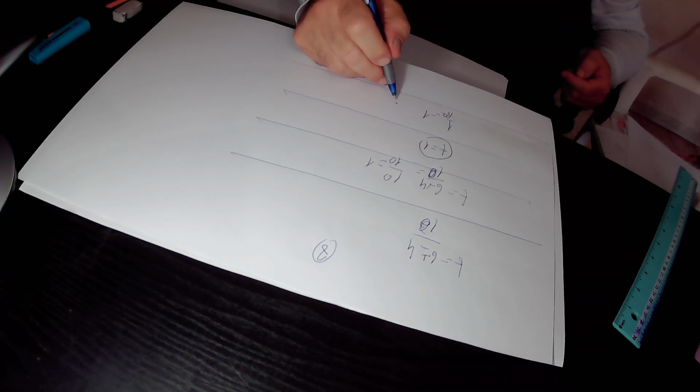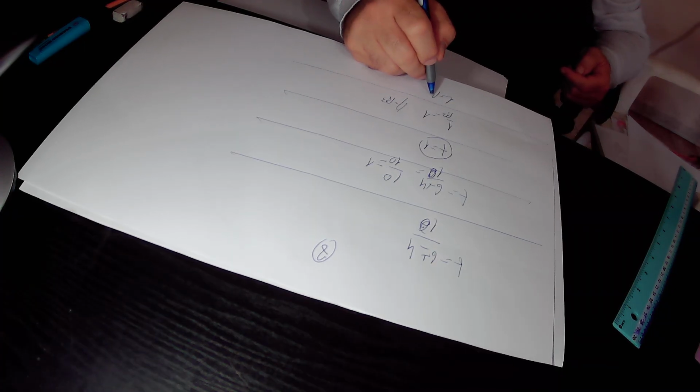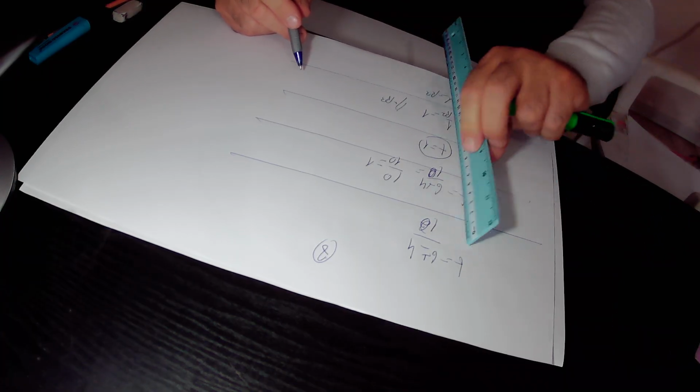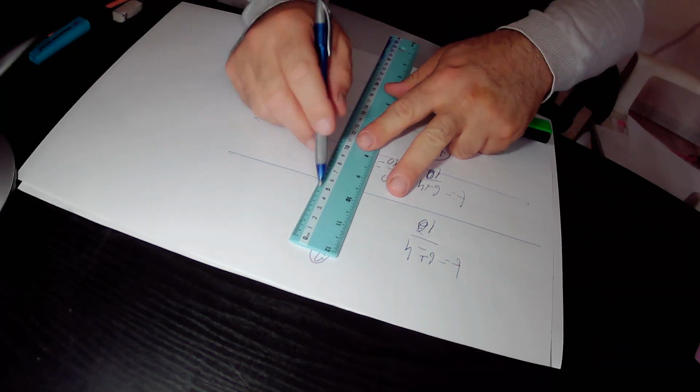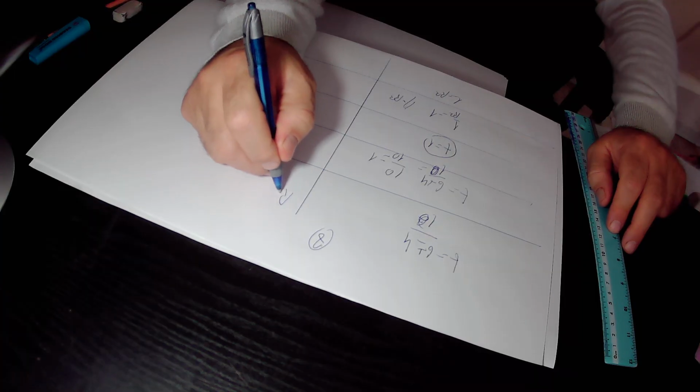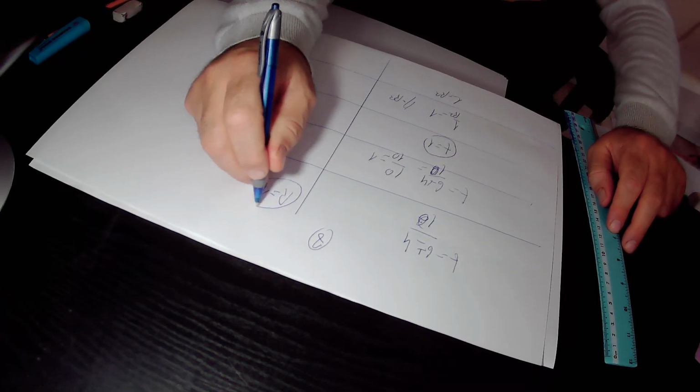Here we multiply this equation by r squared, and finally we get that 1 equals to r squared. Here we take a root out of this equation, and we get that the radius r that we are looking for is equal to the square root of 1, that is 1.